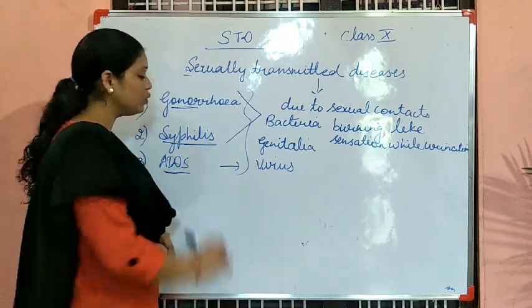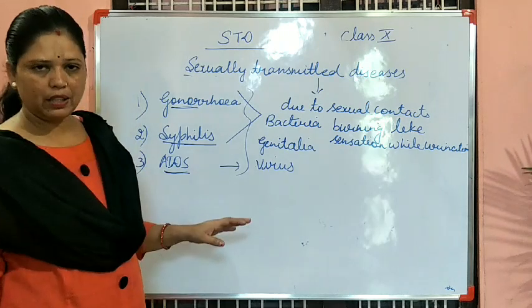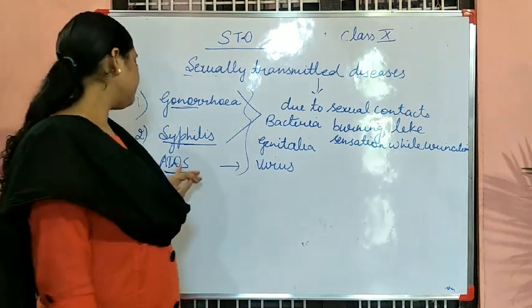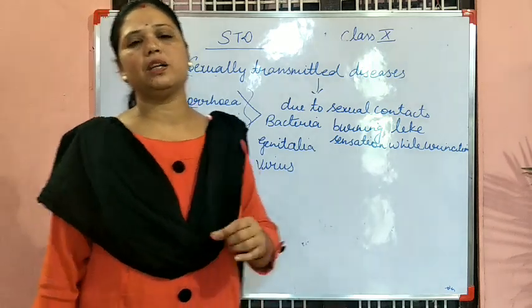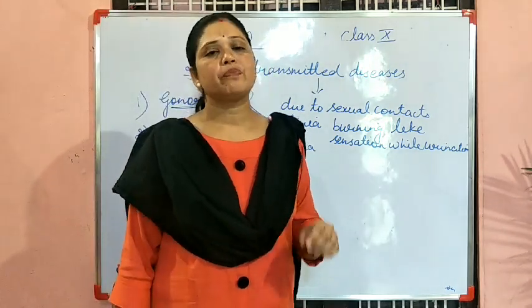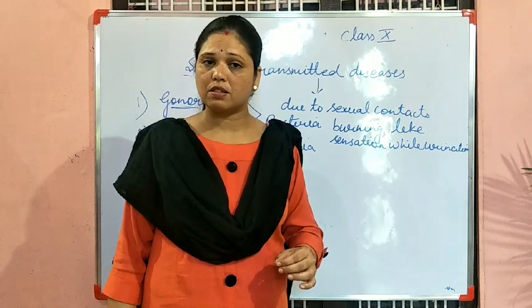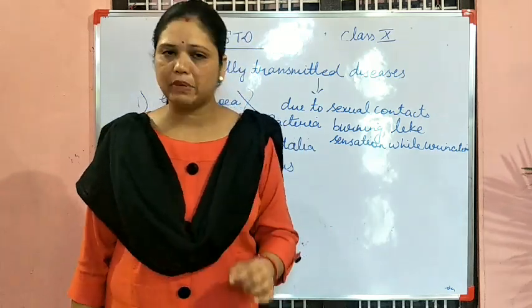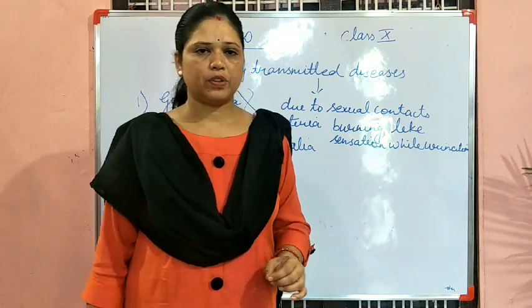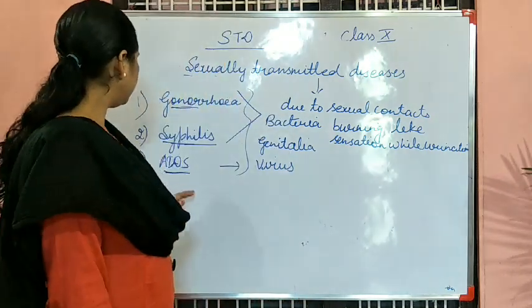Now if we talk about AIDS, it is a viral disease caused by the human immunodeficiency virus. In this disease, this virus weakens the immune system of the affected person or patient.